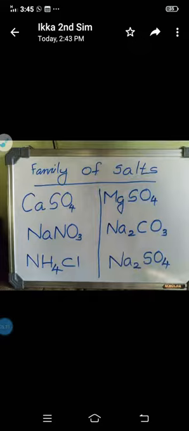Fourth one, Mg(OH)2 plus H2SO4, magnesium hydroxide and sulfuric acid. Fifth one, NaOH plus H2CO3, sodium hydroxide and carbonic acid. Sixth one, NaOH and H2SO4. Please check whether your answer is correct or not.